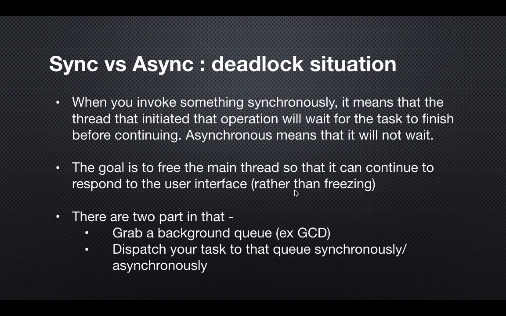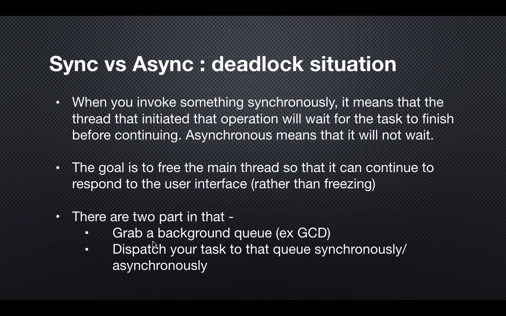Even in the background thread, you can do it synchronously or asynchronously. If you do it synchronously, it will do those operations one by one, and then it becomes slow. If you do it asynchronously, then it will be faster. So when we want to make sure that any background operation is not freezing our UI, there are two parts to this.